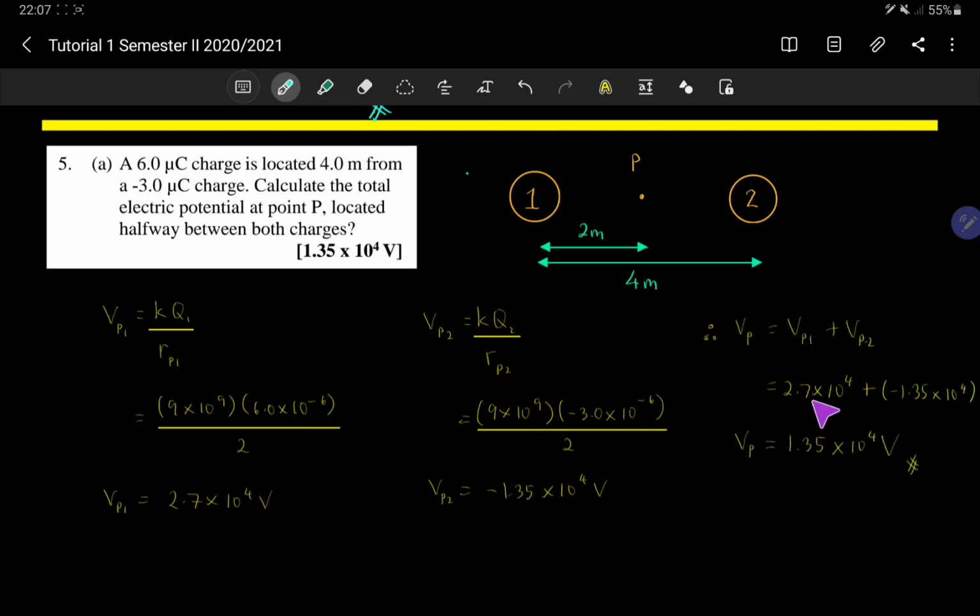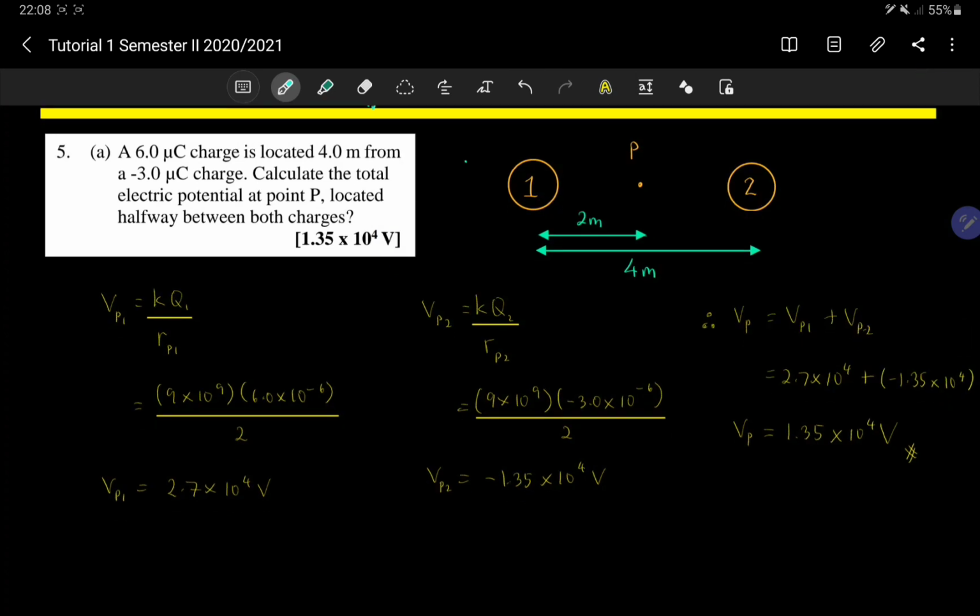Seems like the value is positive, so the potential is quite large. Normally, getting negative values of V shows that the value is quite small. Because V is a scalar, we don't have any direction, so the positive and negative sign show you how large the value actually is.